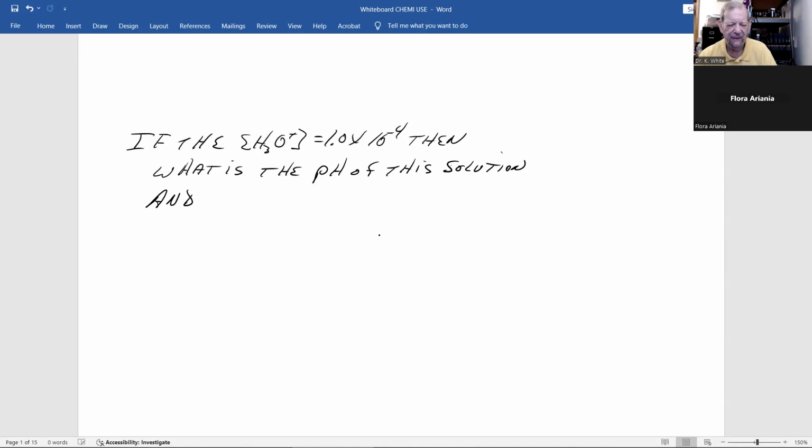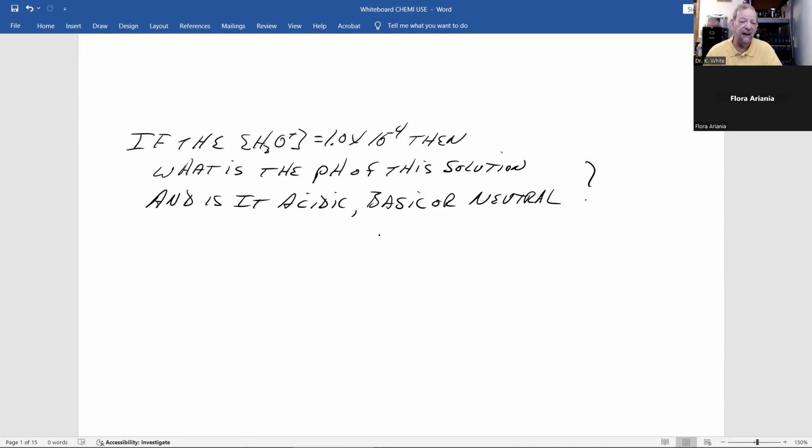So the question is, if the hydronium ion concentration of a solution is 1.0 times 10 to the minus fourth, then what is the pH of the solution?